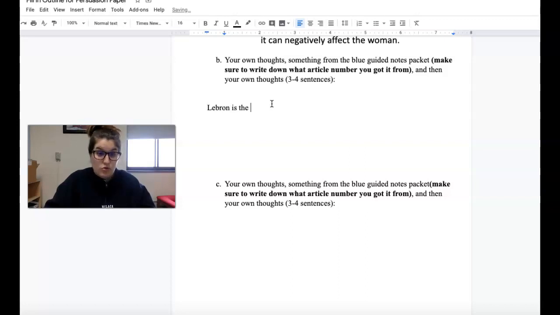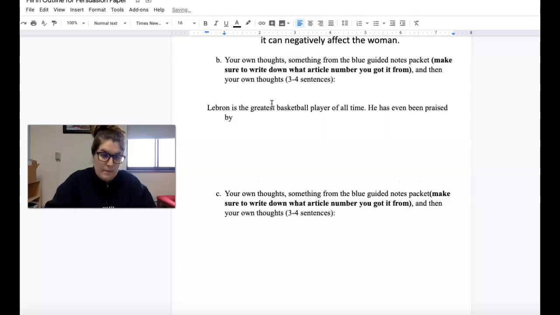LeBron is the greatest basketball player of all time. He has even been praised by other NBA greats. So let's say I'm pretending to do a quote. Kobe Bryant, rest in peace.